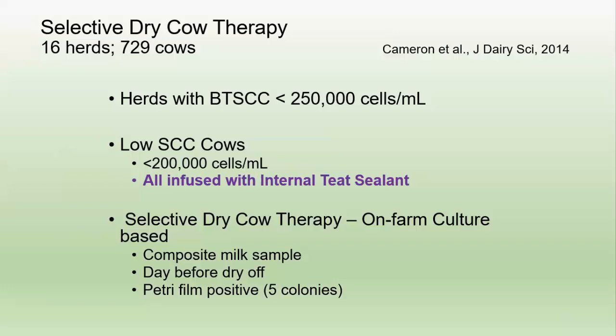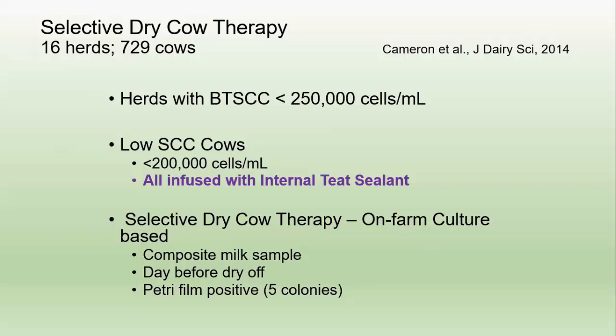Once again, cows who were to be considered for selective dry cow therapy, or not to be dry cow treated, had to have an SCC at drying off of less than 200,000. Also, in this study, all cows were infused with an internal teat sealant.